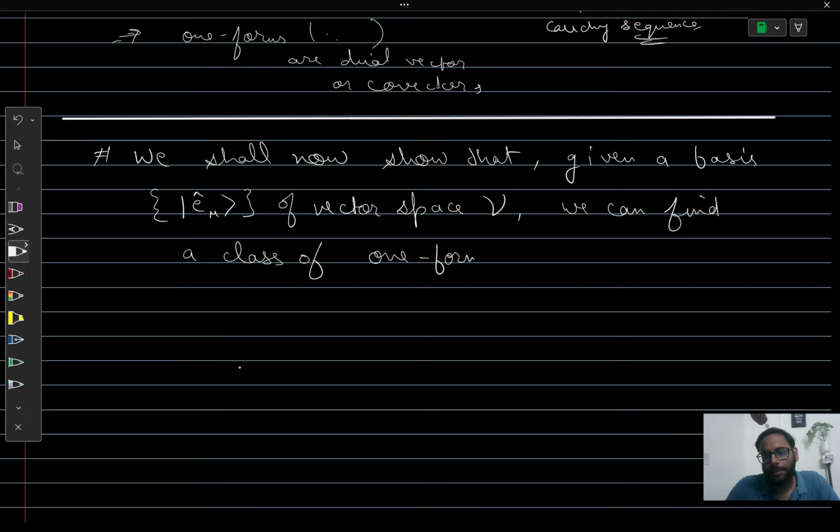What are one forms? These are just elements of dual vector space, or dual space.